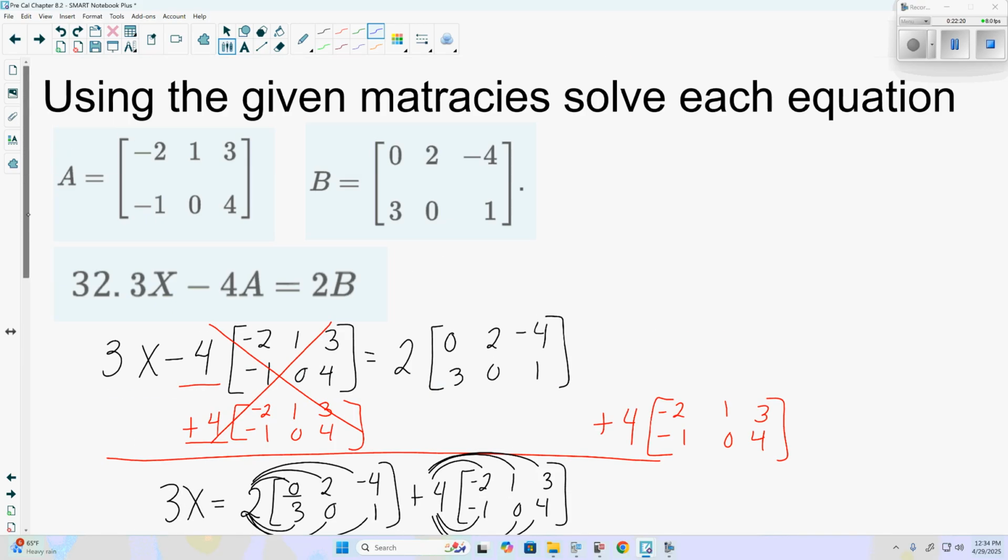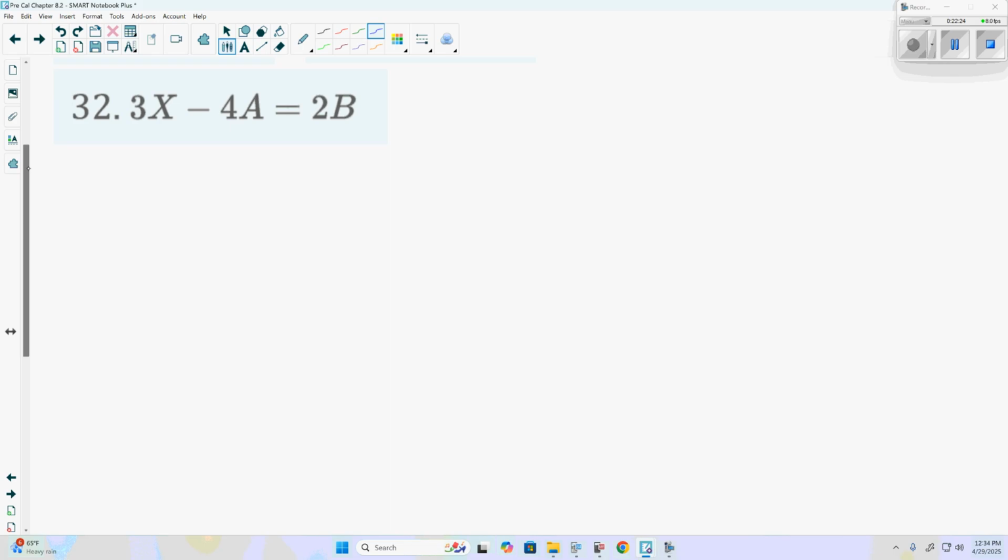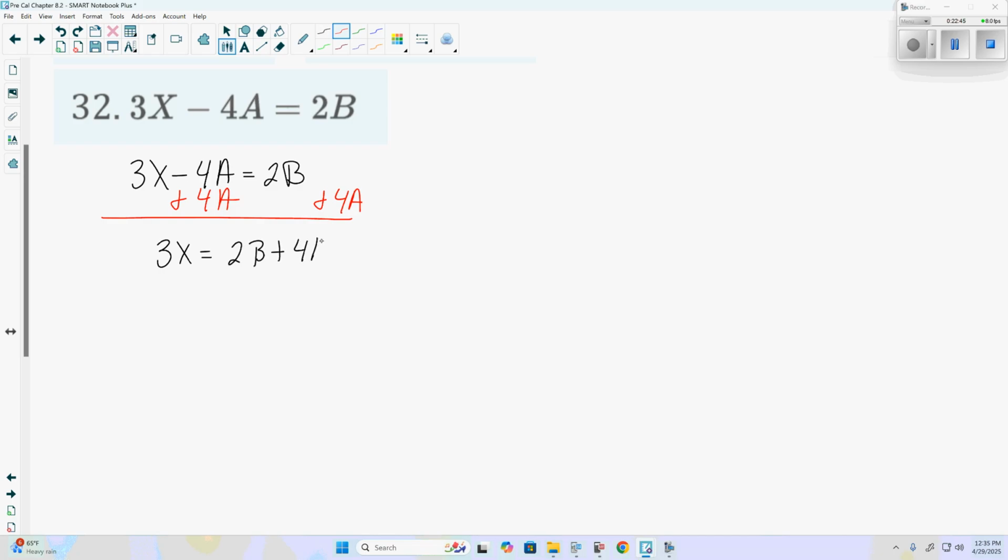Now, that is a lot of steps, because we can look back at it here. Take 3x minus 4a equals 2b. Well, what we did, if we left it in these terms, is we added 4a to both sides, telling us 3x is equal to 2b plus 4a.